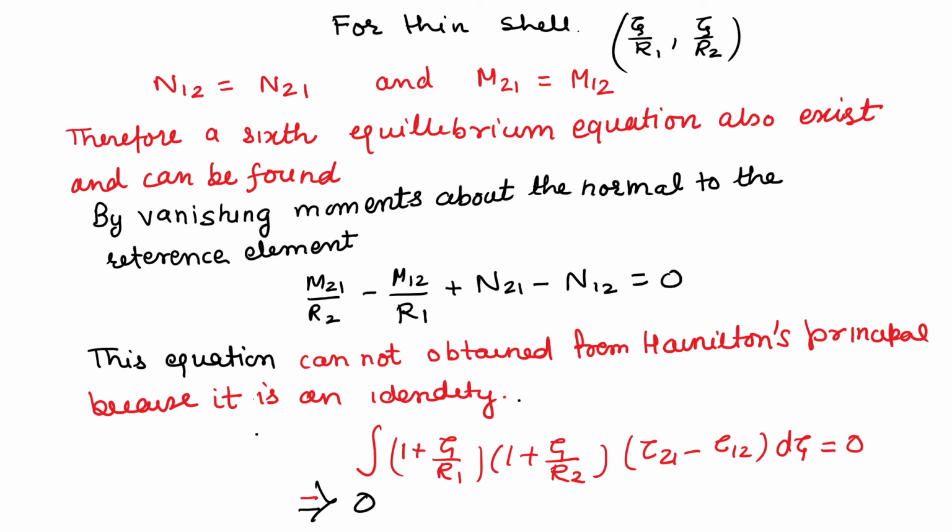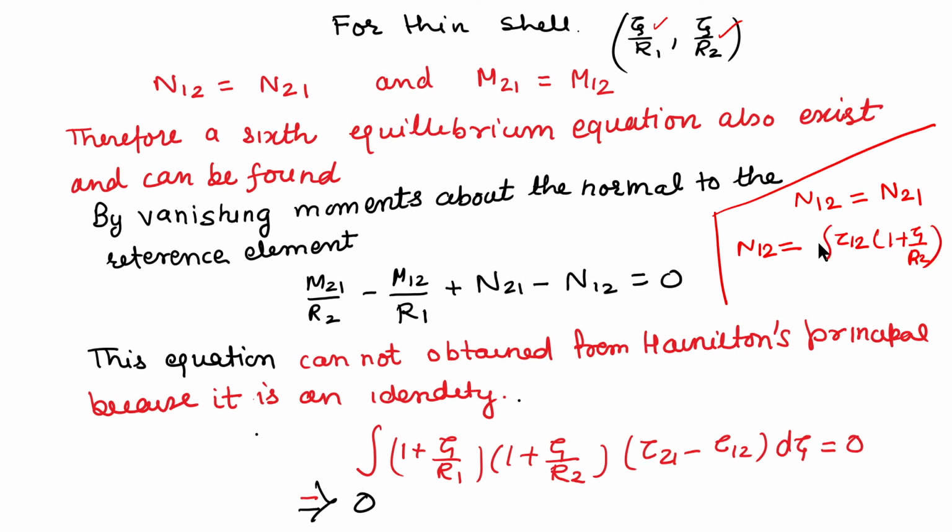Now, a small concept is also there: if we talk about a thin shell, a very thin shell, then zeta by r1 and zeta by r2 can be neglected. If this is the condition, then our n12 will be equal to n21. Here I would like to again tell you the definition of n12: it is tau 12 times 1 plus zeta by r2, integrated over zeta, d zeta.